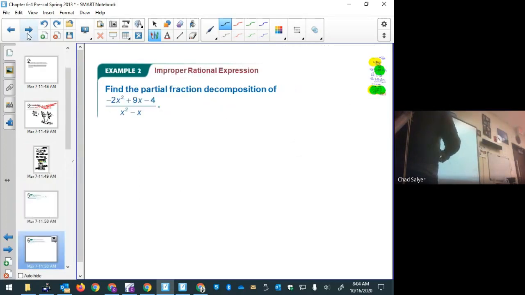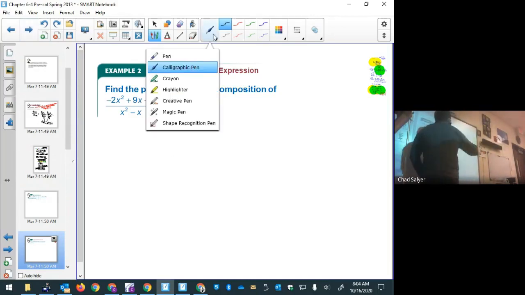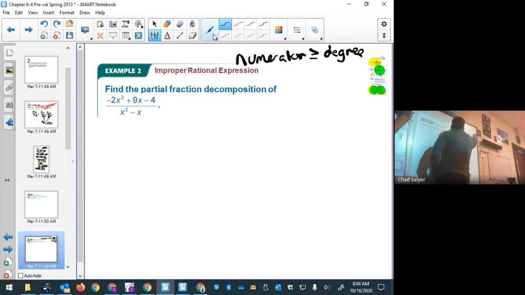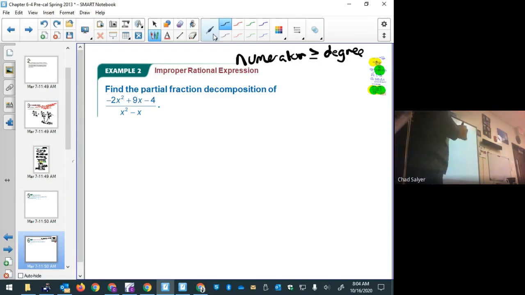Now let's talk about example 2. So this is when you have an improper rational expression. The difference here is the numerator will have greater than or equal to degree when compared to the denominator.